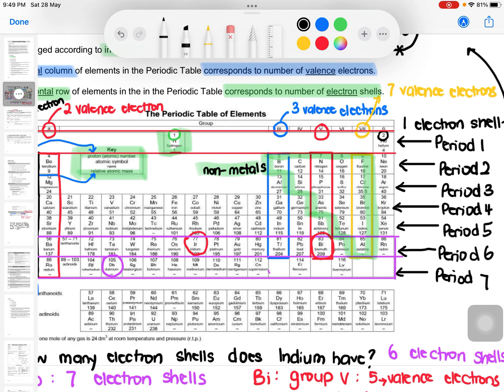I know there are multiple colors, but these are non-metals, and this also includes group 0. Group 0 are also non-metals. So it includes all those elements in green plus group 0.